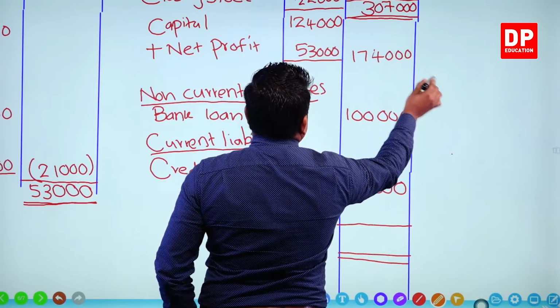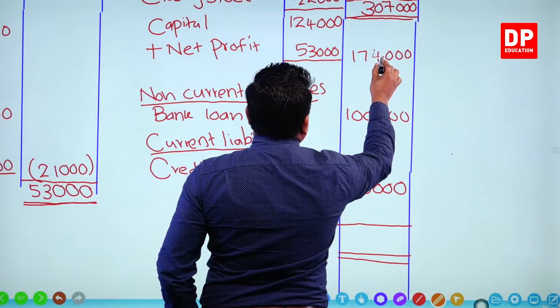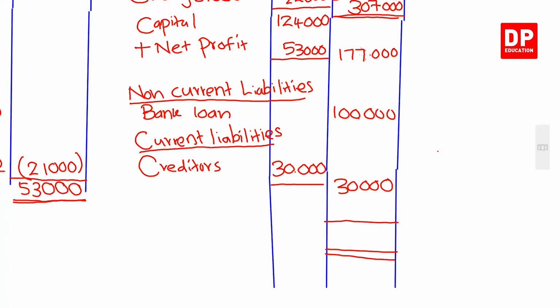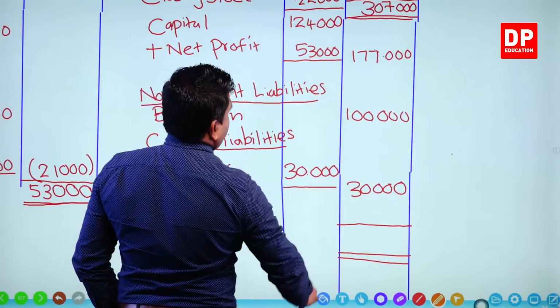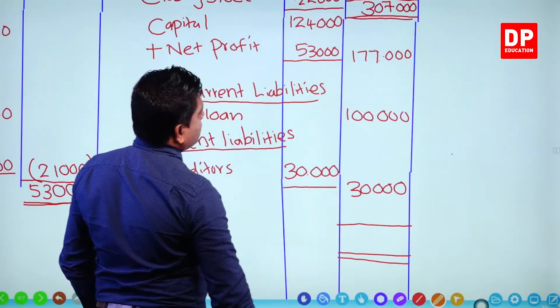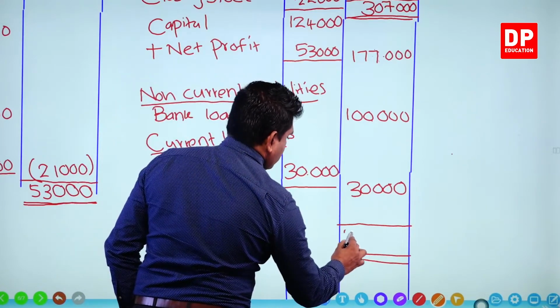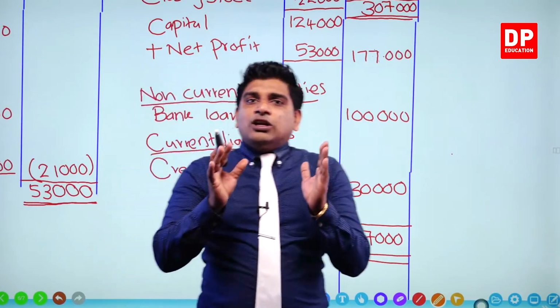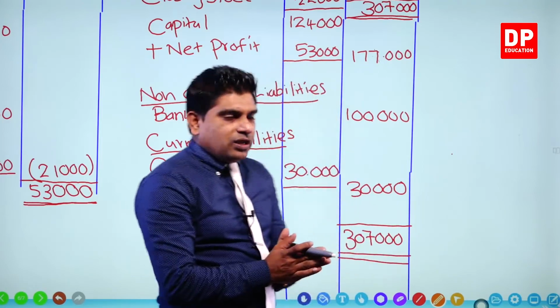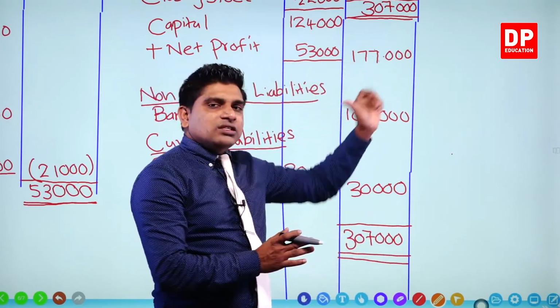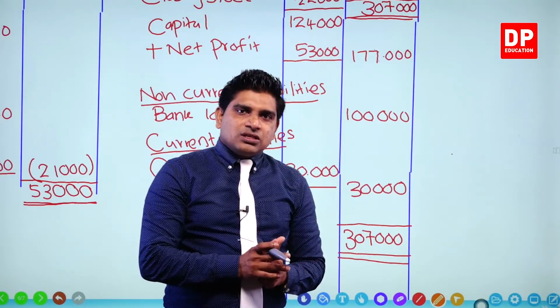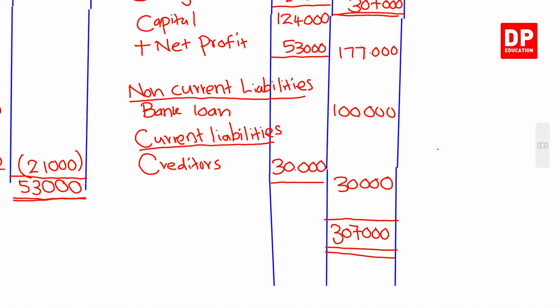It should be 177,000. The total 177, then 277, then 300 and 7,000. Now you can see here total assets of the business equal 307,000, right? Total capital and liabilities equal to 307,000.